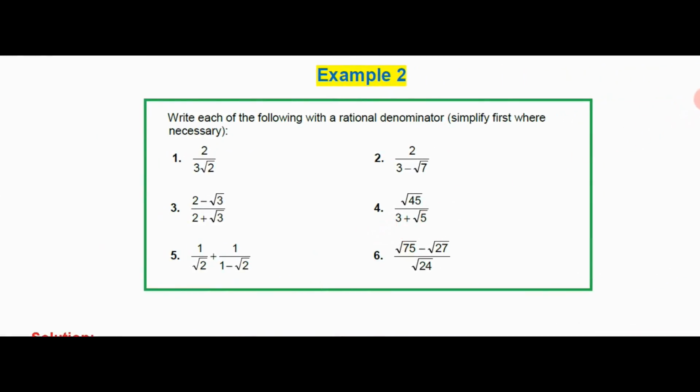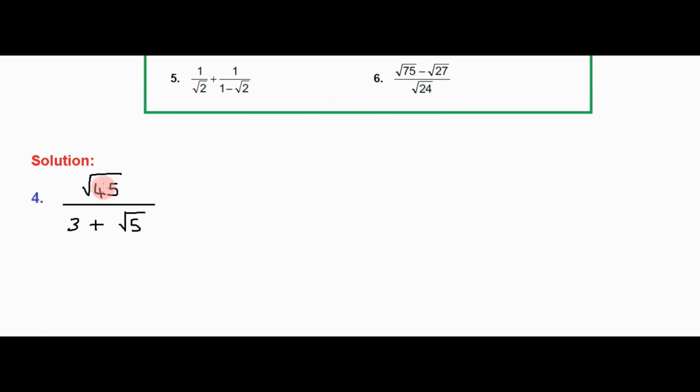Let's look at number 4. We have the square root of 45 over 3 plus the square root of 5. And we want to rationalize the denominator. Before we do that though, we can simplify the numerator.